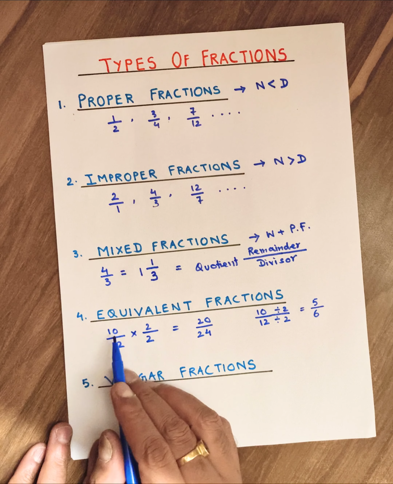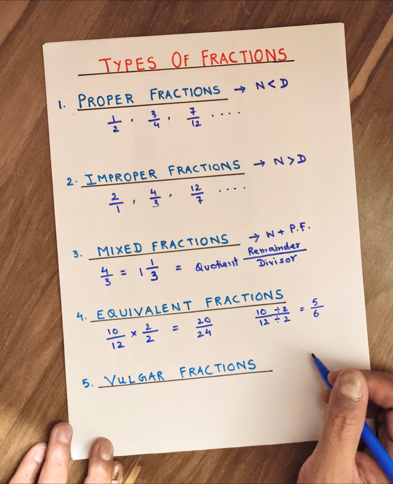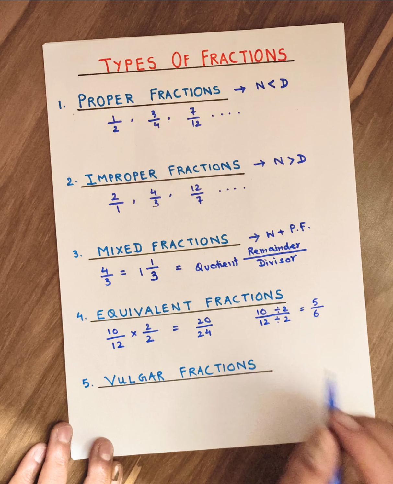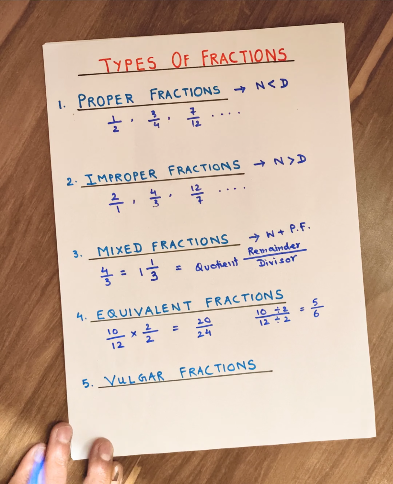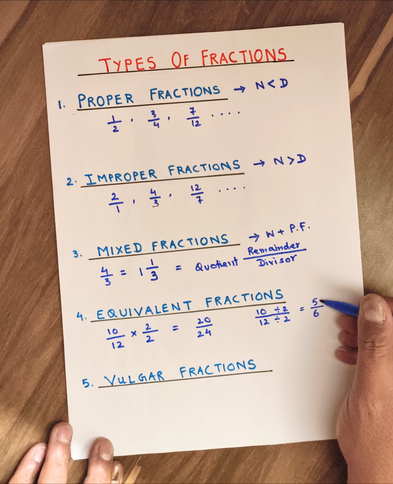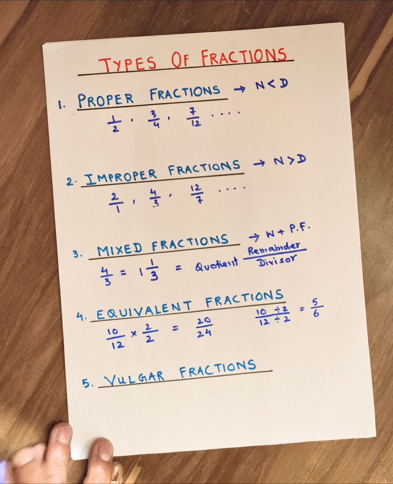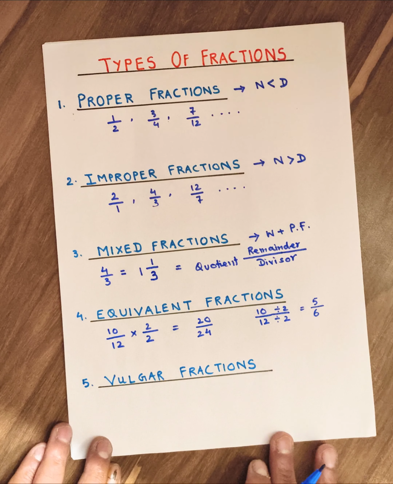So that means 10 divided by 12, 20 divided by 24 and 5/6 are all equivalent fractions. What does this mean? It means the smallest fraction that is formed should be the same for all the bigger fractions, right? So those are all equivalent fractions.